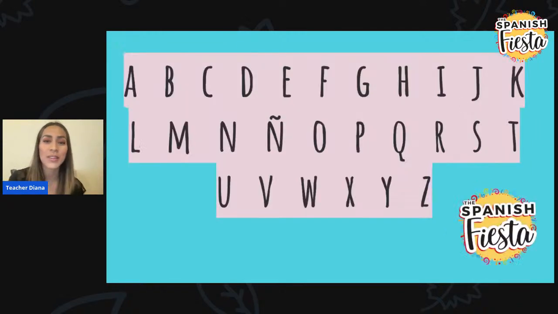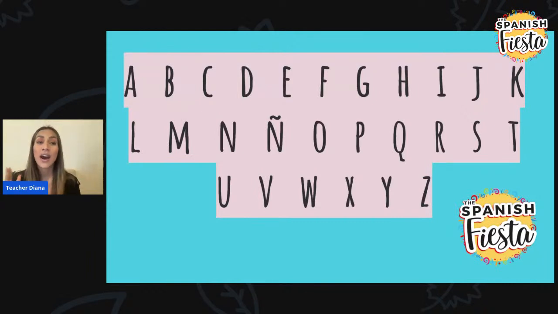Okay, everybody, so let's start with the alphabet. Here we have it all. And this alphabet that I'm showing, yes, I don't have any extra letters. No tengo ninguna letra extra, okay? You have seen maybe before, if you have studied the alphabet before, you've probably seen letters like double L, ella, and CH, but we will study it just like this.